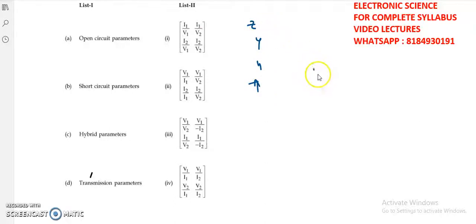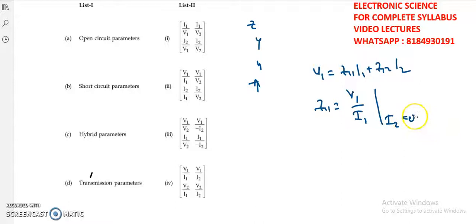Coming to the Z parameters, V1 is equal to Z11 I1 plus Z12 I2, and in this equation Z11 can be written as V1 by I1 when you make I2 equal to 0. In the lectures I told that I2 equal to 0 means the 2 and 2 dash terminals have to be open circuited.